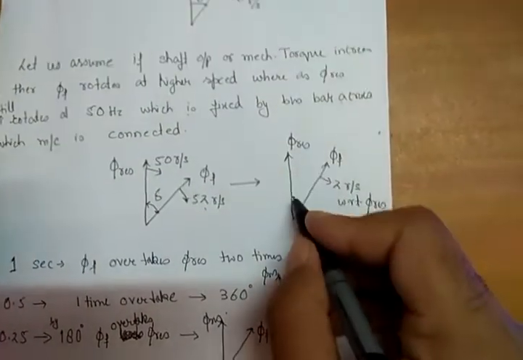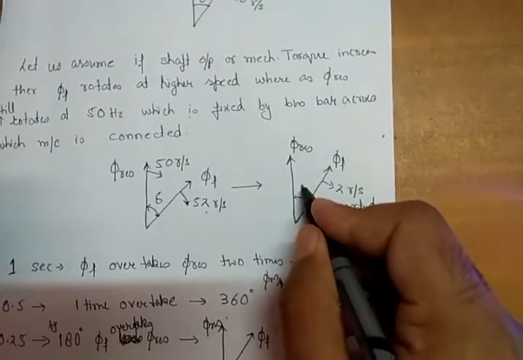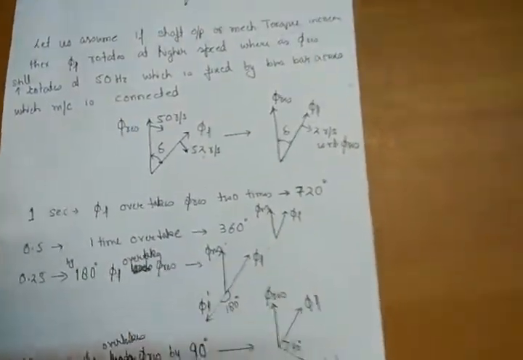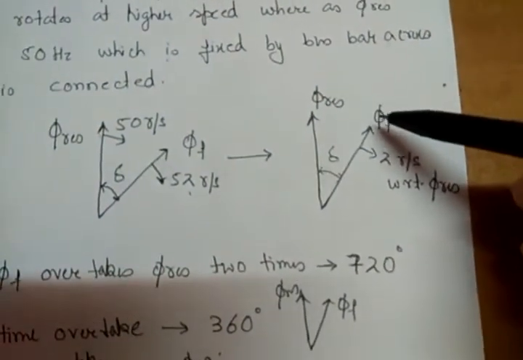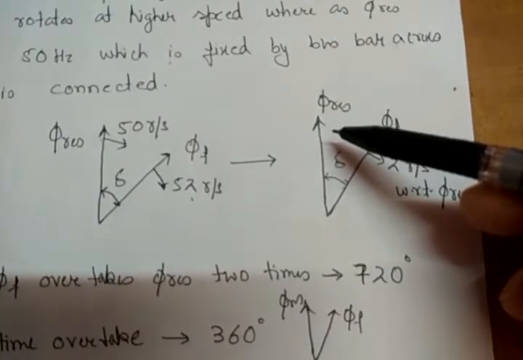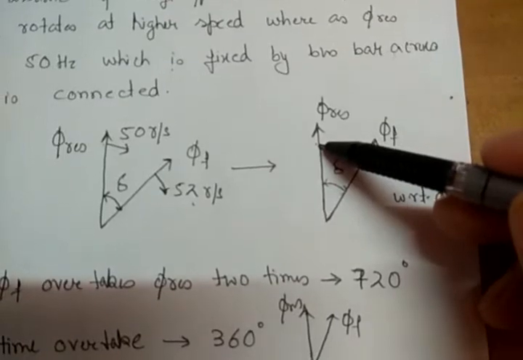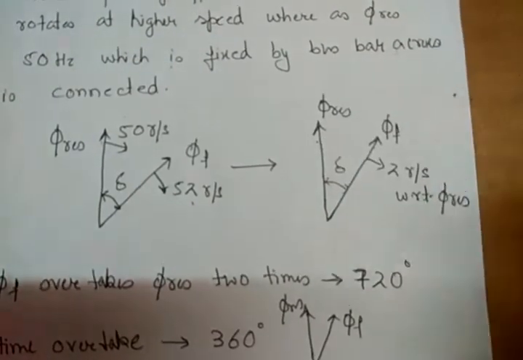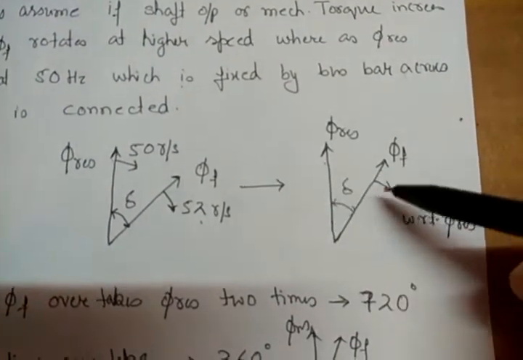Again, this is at time t equal to 0, so the angle is delta. This means the field flux overtakes the resultant flux how many times in 1 second? It will overtake it 2 times, which means 1 rotation, then a second rotation.